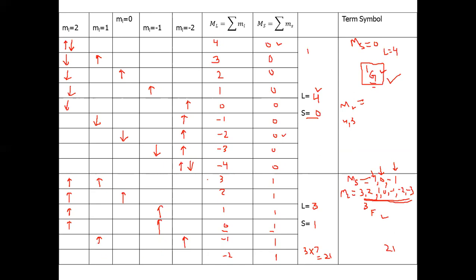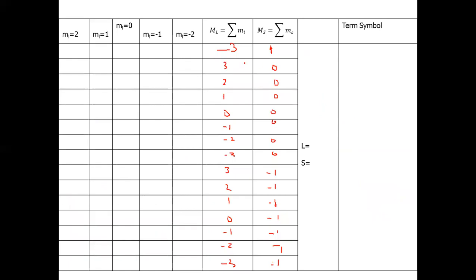Now we will move it here. This electron comes here, this electron comes here. So this corresponds to 0, minus 2, minus 2, and MS is 1. Next we have to calculate minus 3, 1, minus 3, 1 is this and this.